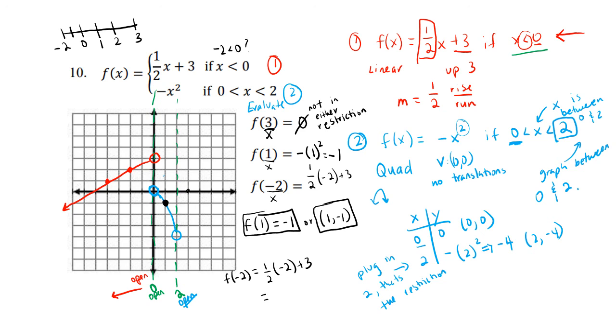Half of 2 is 1. Negative times a positive is negative. So half of negative 2 is negative 1 plus 3. Negative 1 plus 3 is positive 2, giving us f of negative 2 equals 2. Or again, we could write that as a coordinate point of negative 2, 2.